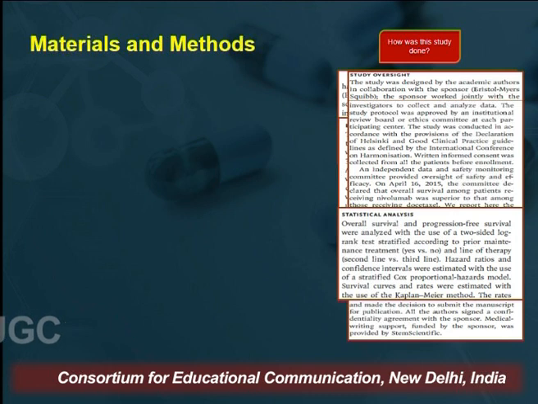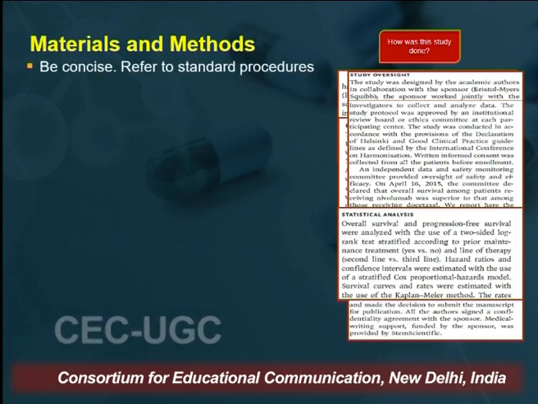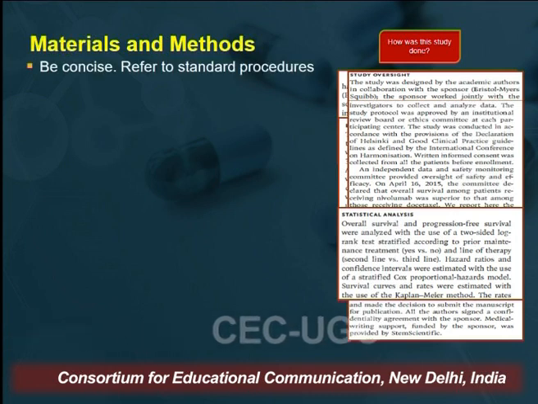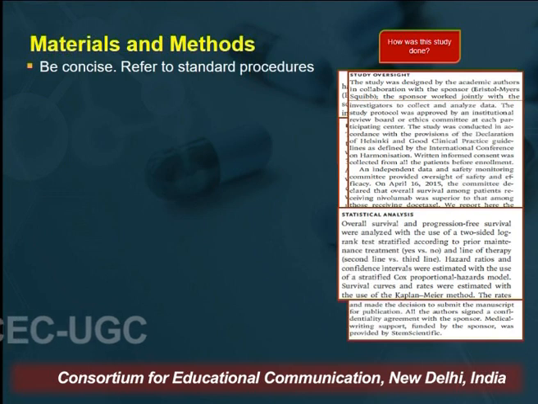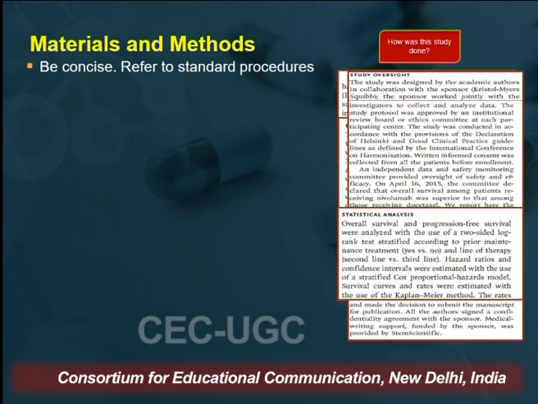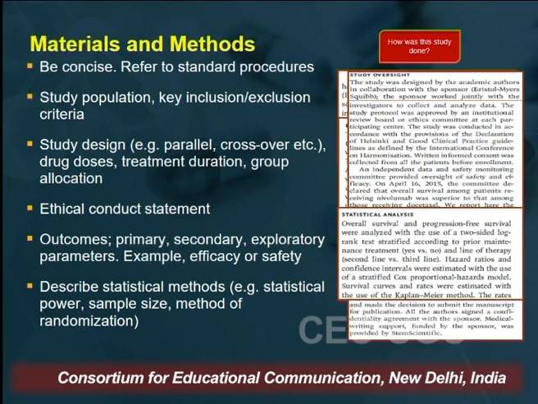Then goes the materials and methods section. What we have to write into it, what needs to come into it, and what the flow would be. The points to be considered while writing materials and methods are: be concise, refer to the standard procedures only, write the study population, key inclusion and exclusion criteria of your population or your target audience that you selected.